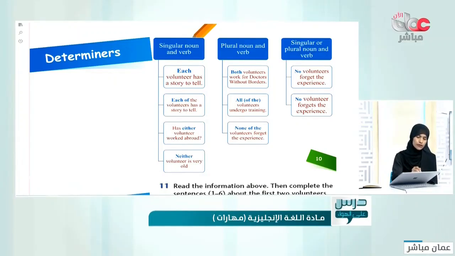What are determiners? Determiners are usually words which come before nouns and they determine the noun. So they say something about the noun, either in terms of number, or even whole or part of it. The ones we have here are in terms of number. All of these here refer to number.